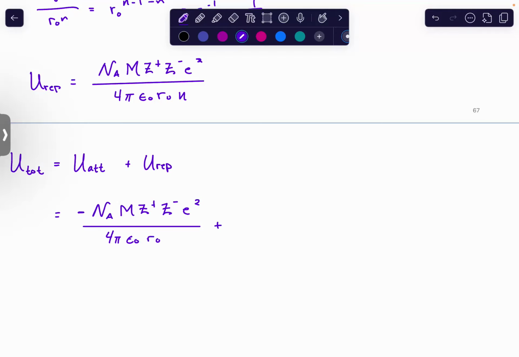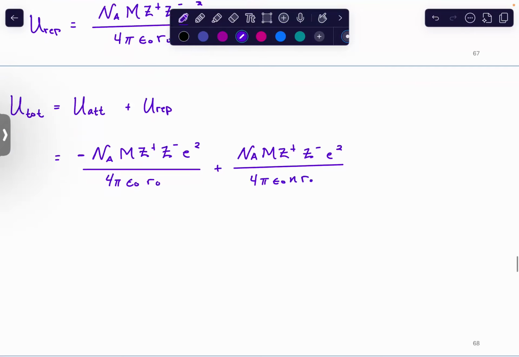And so then our attractive energy, and if I pull everything that's common out front, on the inside here I'm going to get 1 minus 1 over n.